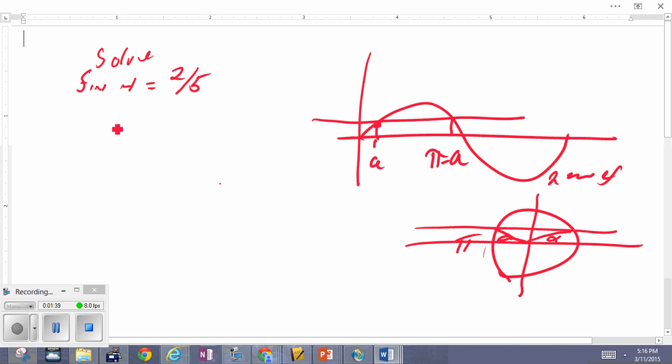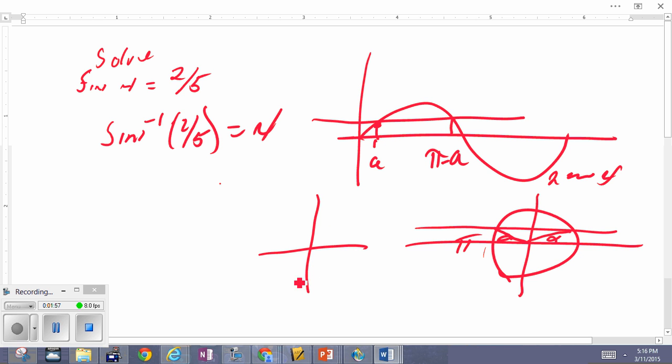The issue that we're contending with is if we ask our calculator to go inverse sine of 2/5, which we will, it will only report to us one answer, because of the graph of the inverse sine, y equals the inverse sine of x, as we see here. With a value of 2/5, we're only going to pick up one answer.